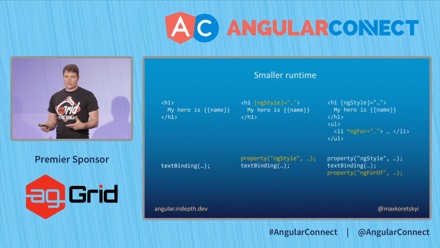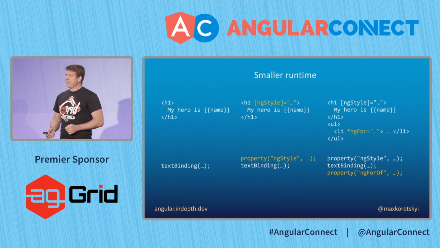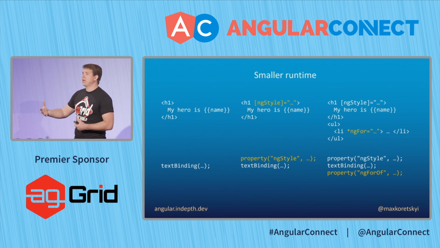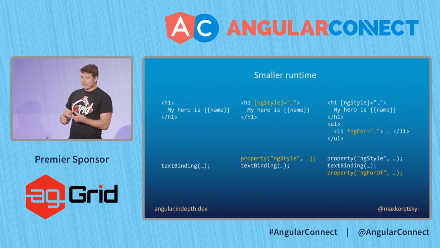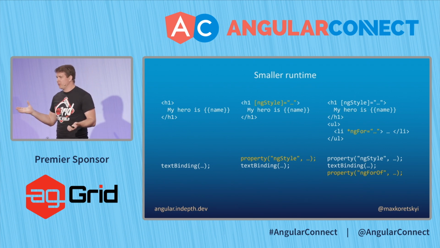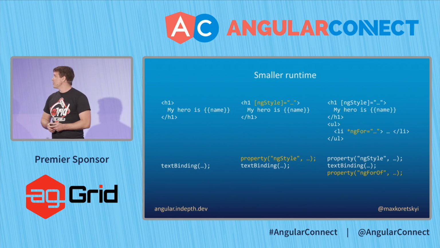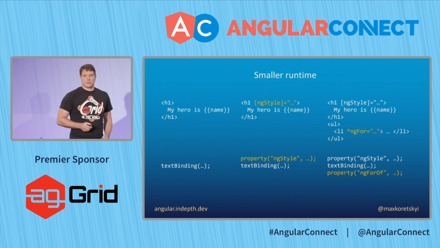Same goes for other directives like ngFor. But if you don't use them in your template, you won't see these instructions or the runtime code, the function bodies, because each of those instructions is just a function. So Angular doesn't include this logic for these functions into the resultant build. And that results in a smaller bundle.